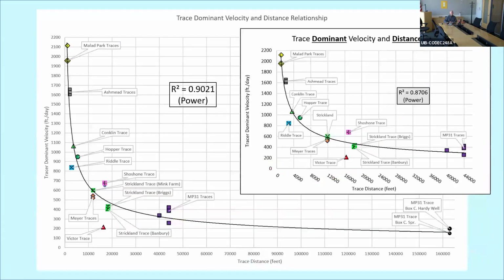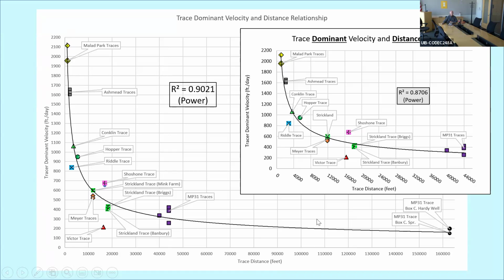Then if we look at the dominant velocity versus the distance of the trace, we have a really nice R² value of 0.9 using a power trend. These are short distance traces over here with high velocities, and lower velocities through the curved section of the trend, extending on out to 32-mile distance at Box Springs.